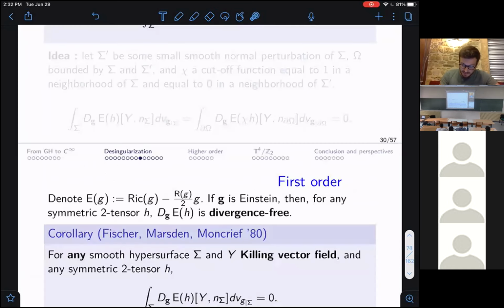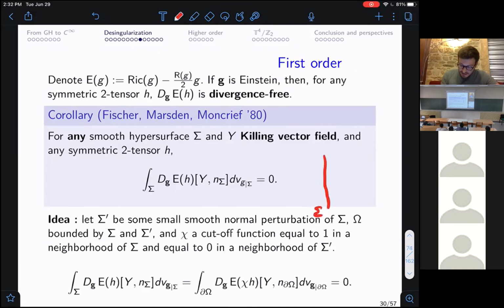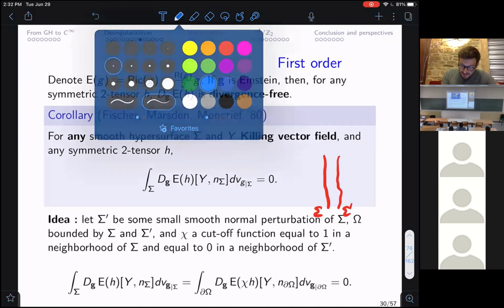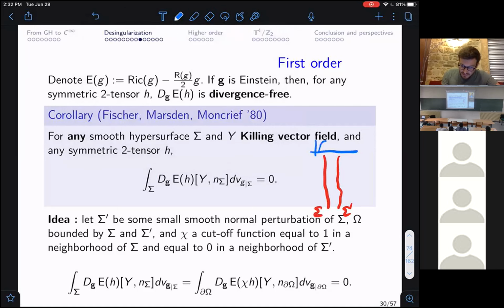And the idea is quite simple. Take sigma here, perturb it a little to sigma prime, and take a cutoff function, say, which is like this. So say that this is 1 in the neighborhood of sigma and 0 after sigma prime, and multiply H by this factor. Then in the previous formula, this boundary term is only seeing the sigma part, because that's where there is some mass because of the cutoff.